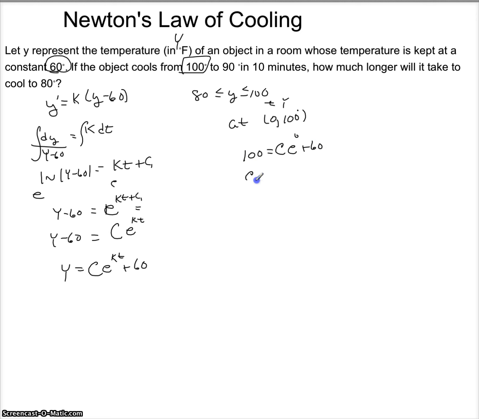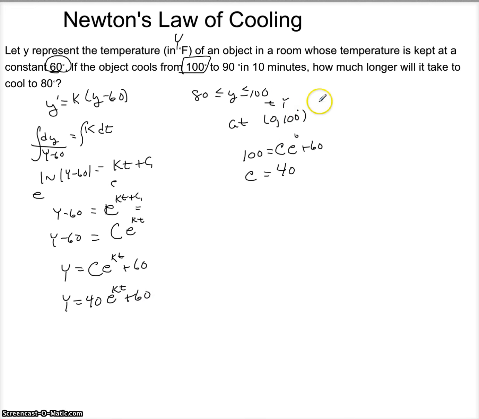So I get c is equal to 40. I'm going to rewrite my equation: y is equal to 40 e to the kt plus 60.